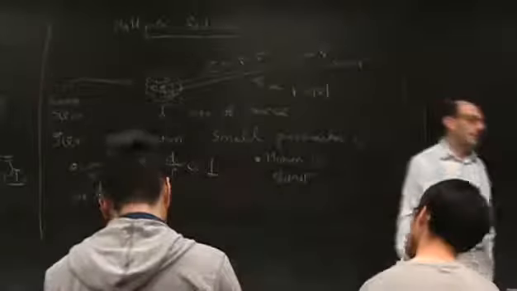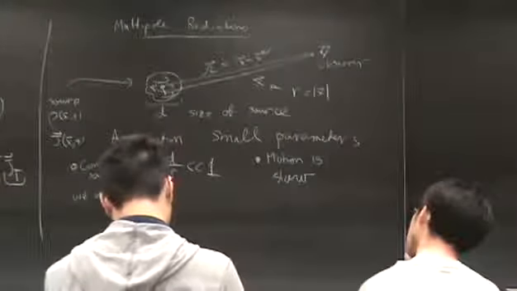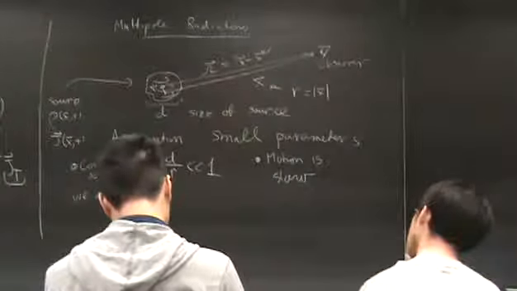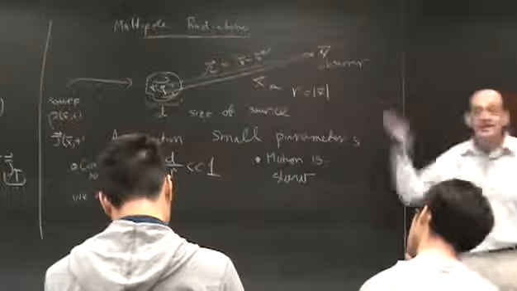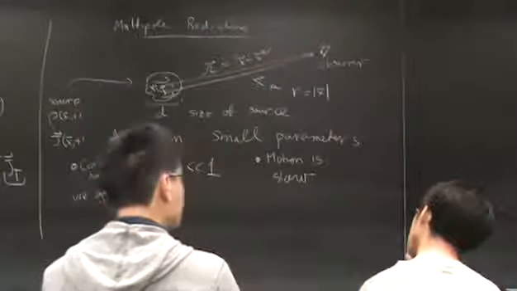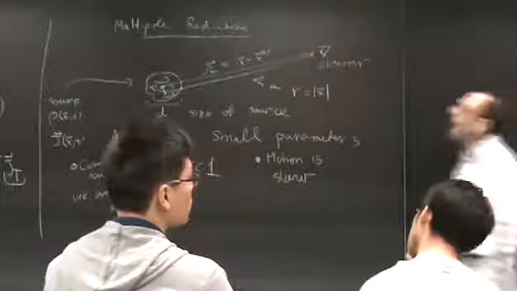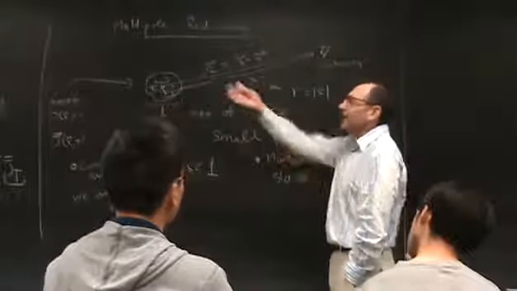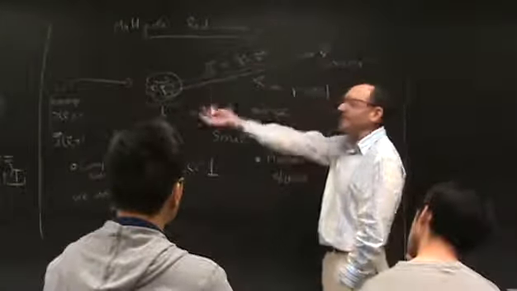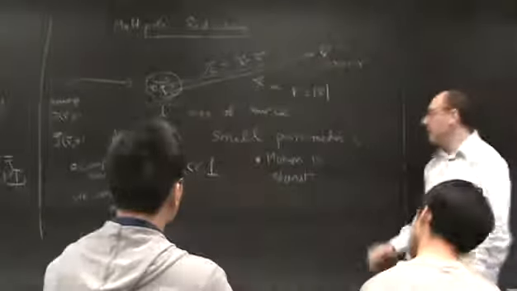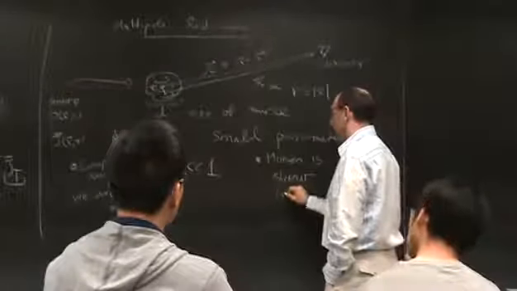What do I mean by slow? Whenever we talk about notions of big and small in physics, it's always the ratio of things, okay? Well, we have one important constant here, and that's the speed of light. So what I mean by this is non-relativistic.